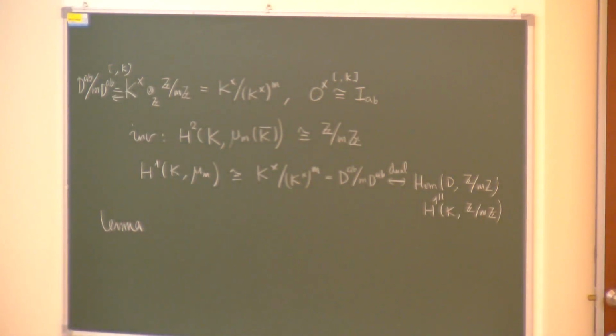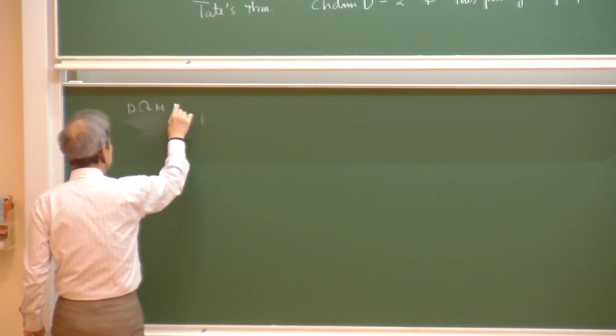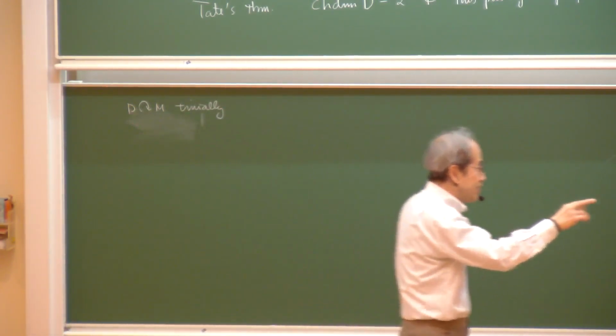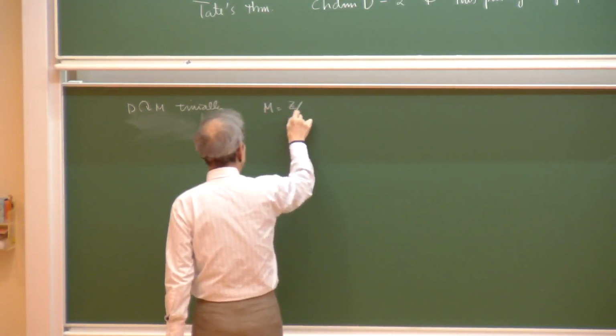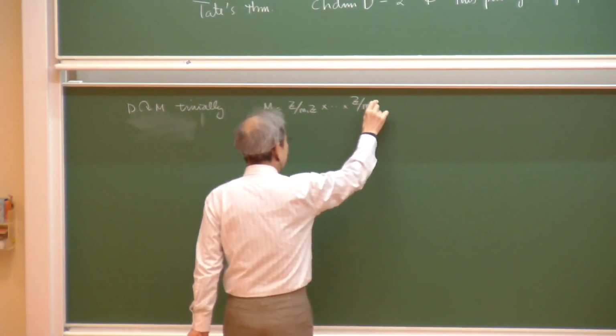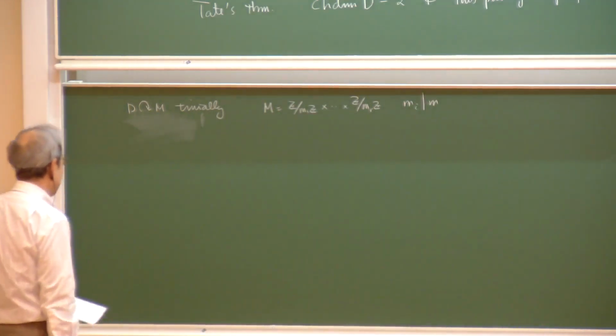Before really stating the lemma, suppose D acts on M trivially, so basically M is something like Z over M1 Z times Z over MR Z, where M_i is a divisor of M. No action.